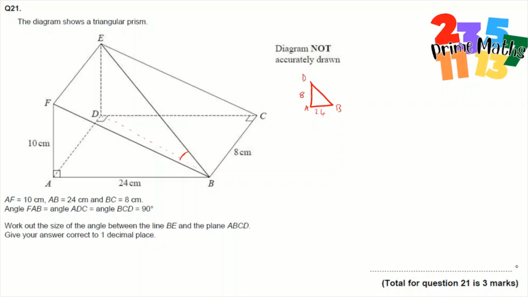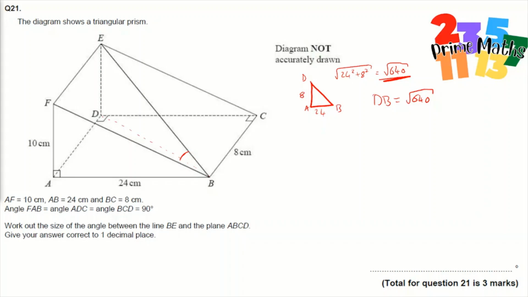So for D to B, we use Pythagoras, and it will be the square root of 24 squared plus 8 squared, which gives us an answer of the square root of 640. I'm going to leave that as it is at the moment and have that DB is equal to root 640. Your calculator may show this in a simpler form, 8 root 10, or as a decimal, but I'm going to leave it like that at the moment.